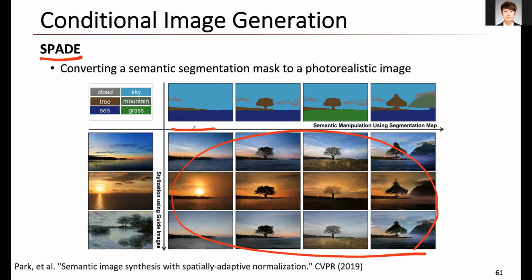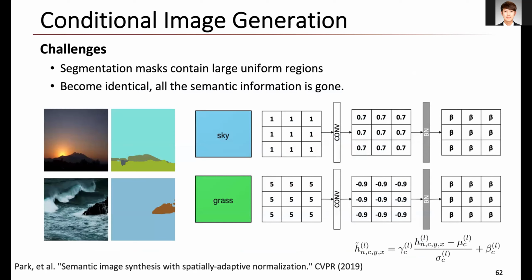Maybe among the simplest is to just take this image label map as an input, apply a convolutional neural network, and use the unconditional generator to generate the images.